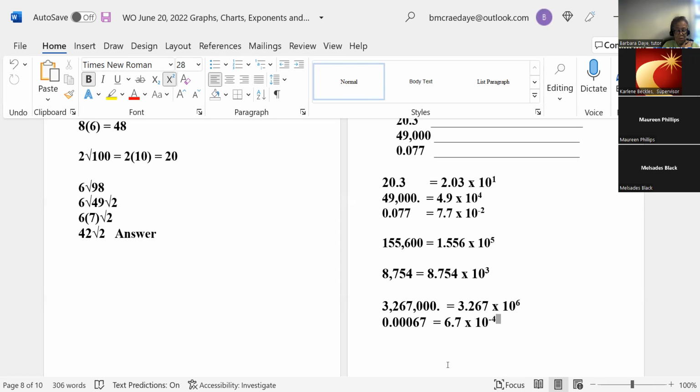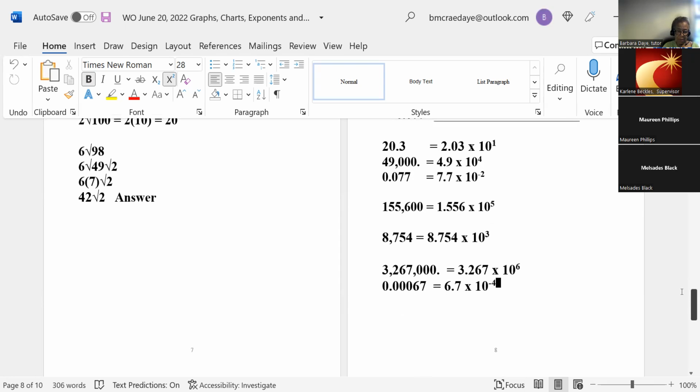So you have a whole number 1, and just think fractions, except we have it as decimal. So this number is really 67 over tens, hundreds, thousand, tens of thousand, 100,000.